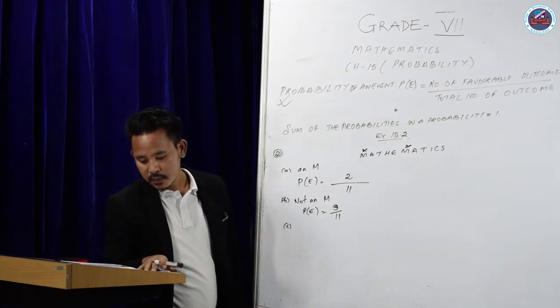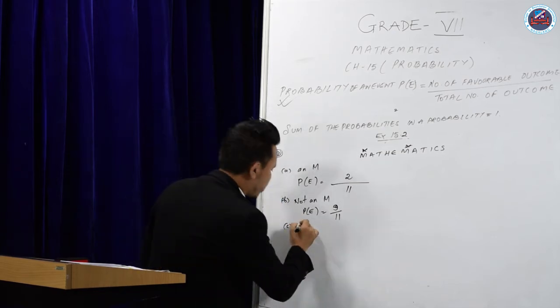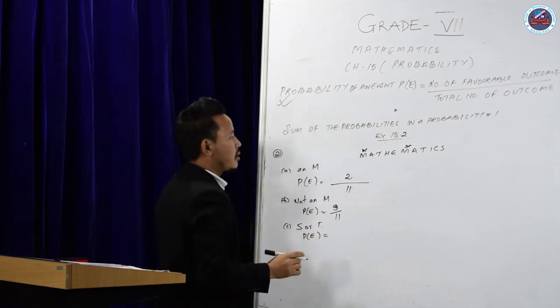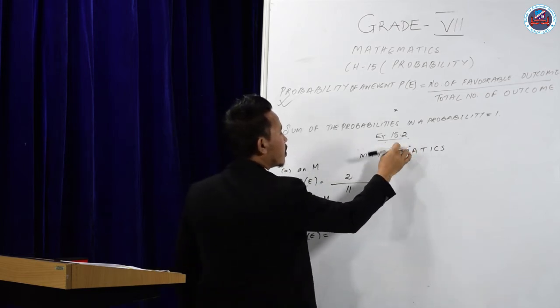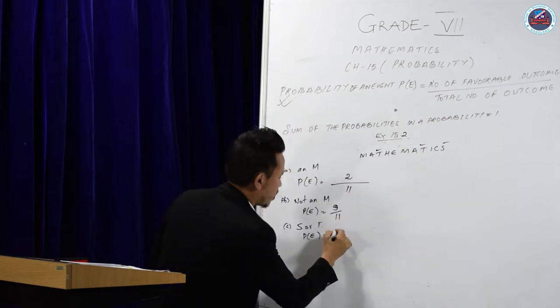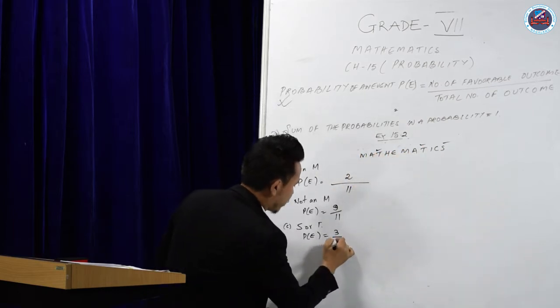Now number C. We have a T. So the probability of the event T. We have 1, 2, and 3, that is 3 upon the total of 11, right?